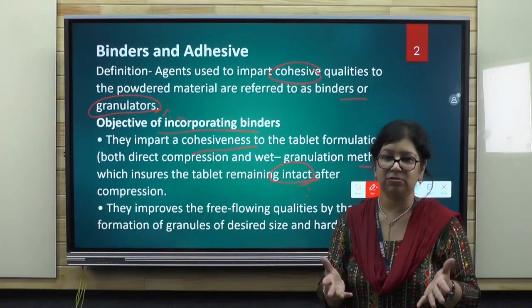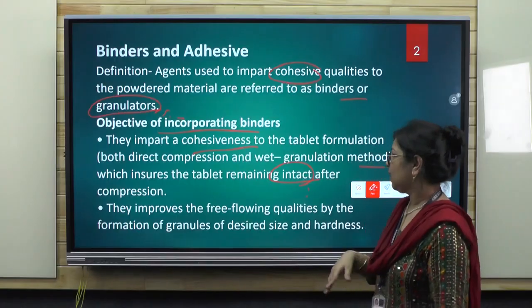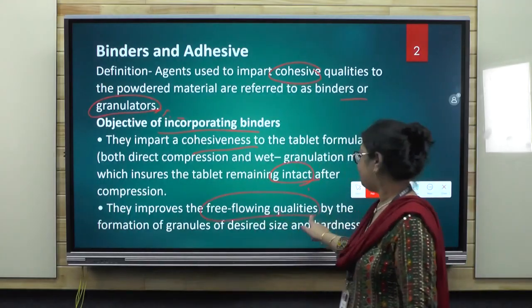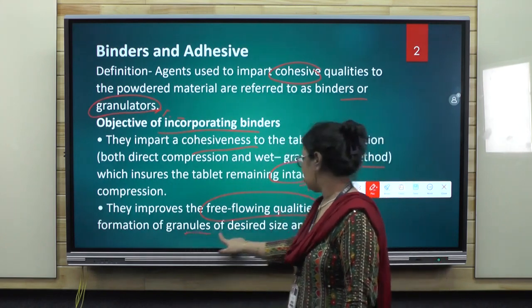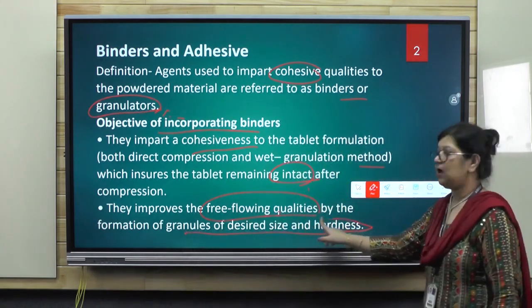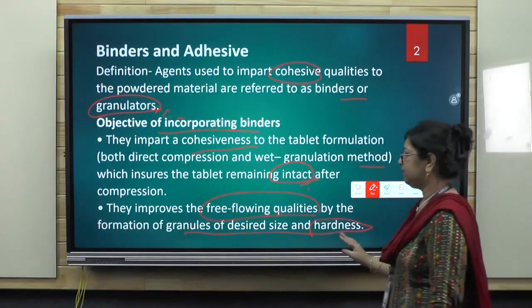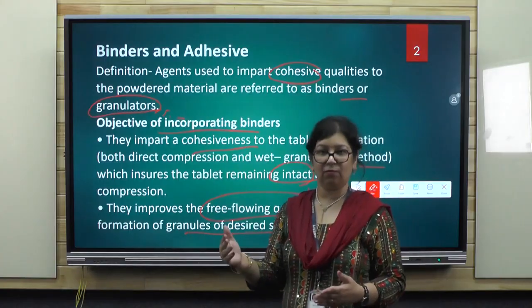So that's why we use the binders. And they improve the free flowing properties by the formation of granules of desired size and hardness. Hardness of the granules is also required, because it will help in the flow properties.